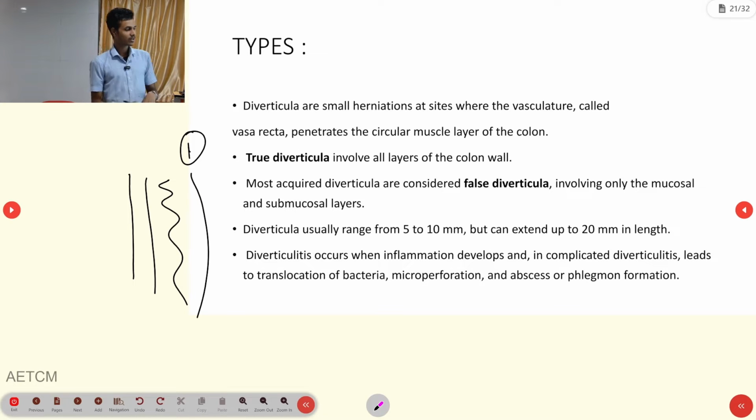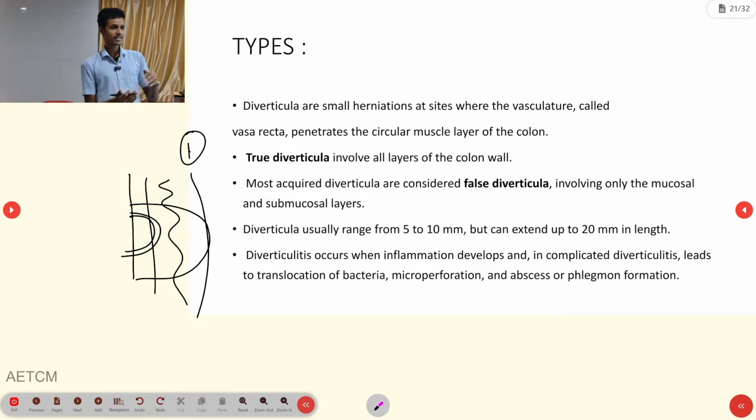True diverticula involve all the layers of the intestine. False diverticula involve only the mucosa and submucosa. These are the classifications based on layers of wall involvement.